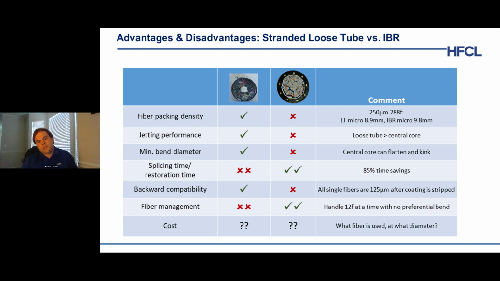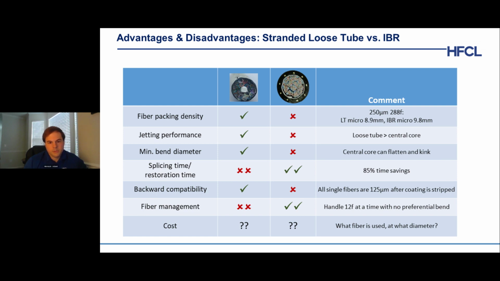However, splice time and restoration time, the mass fusion splicing enabled by the intermittently bonded ribbon gives significant time savings. And then in terms of backwards compatibility, traditional loose tube will provide that in favor, over the IBR that we have listed here.